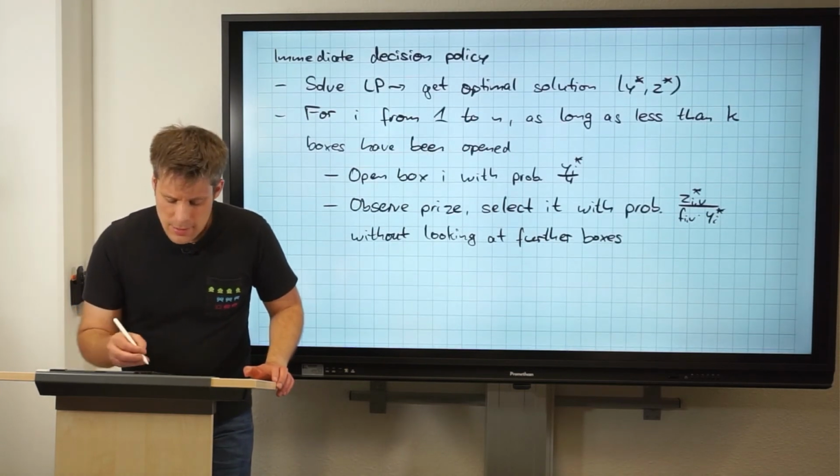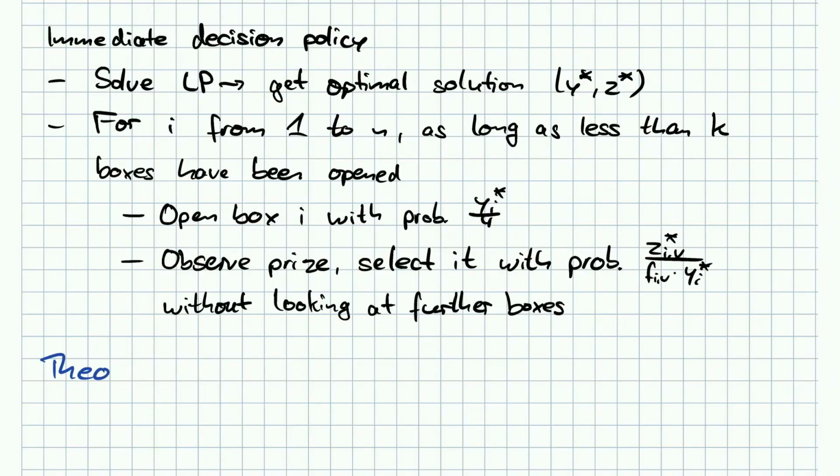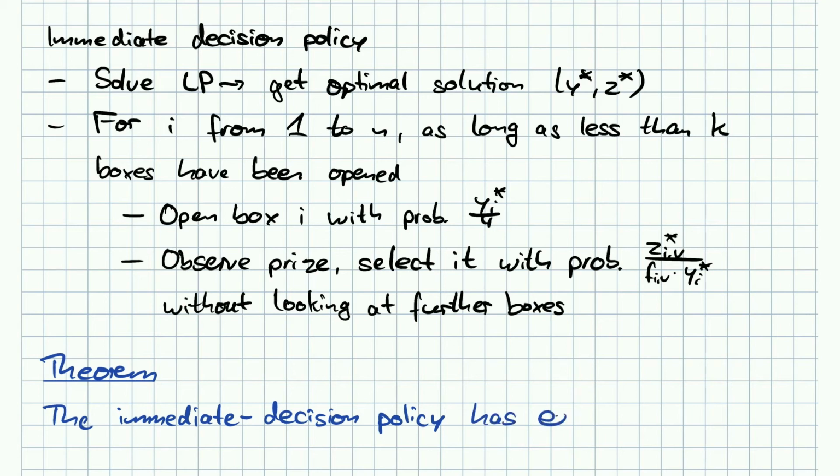And what we will show now is the following. We will be showing that the immediate decision policy has an expected reward of at least 1/8 times the sum of v times z_{i,v} star. And what does this tell us?